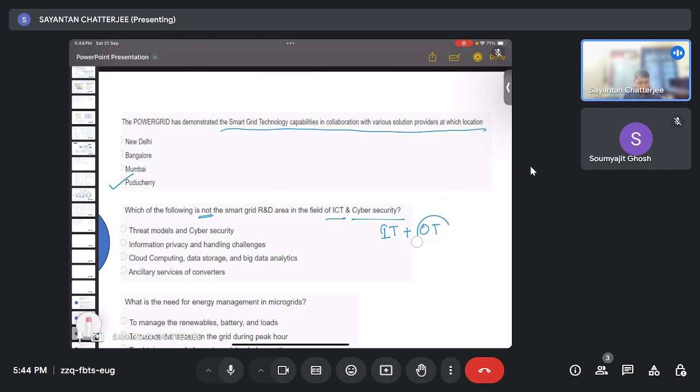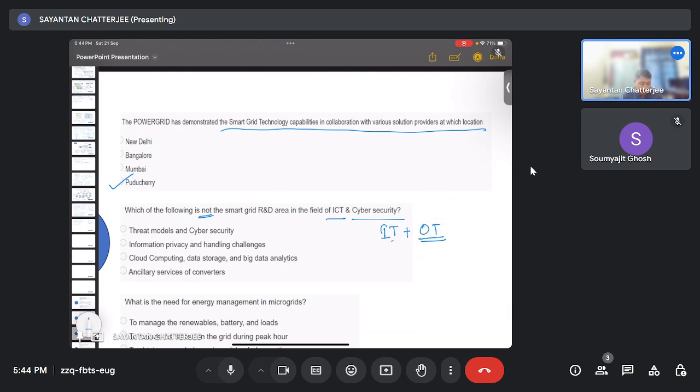Overall, cyber threats are becoming more predominant in the present day smart grid architecture, as we try to implement and integrate more and more systems, adding complications.